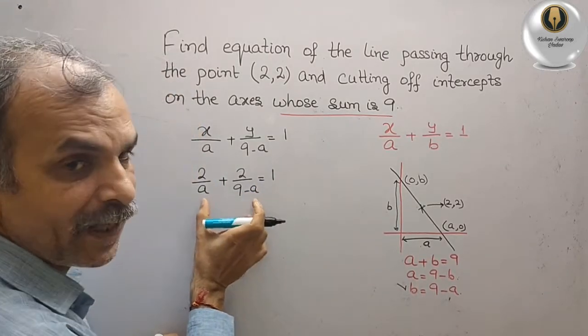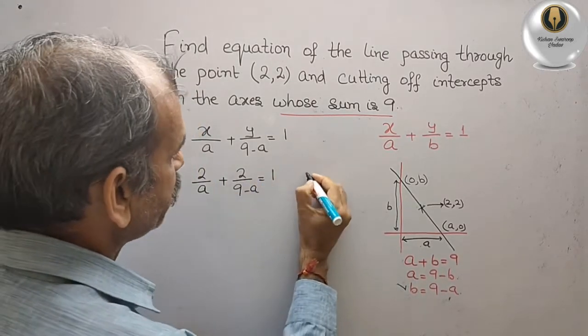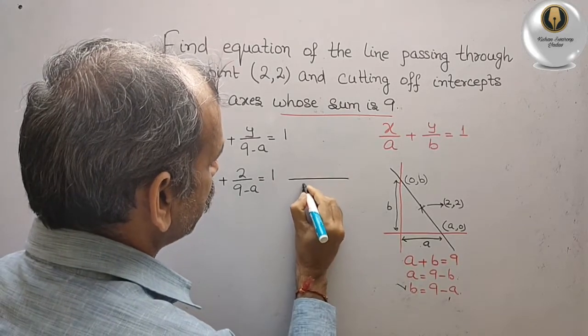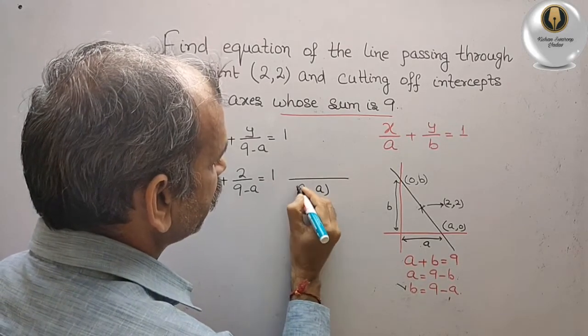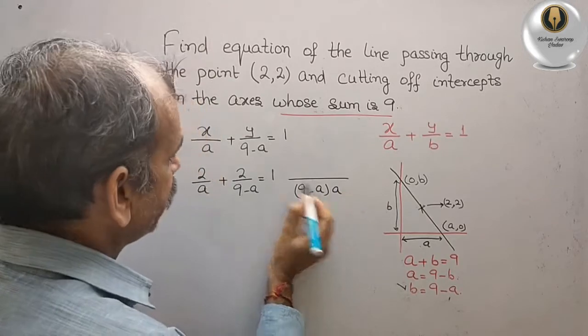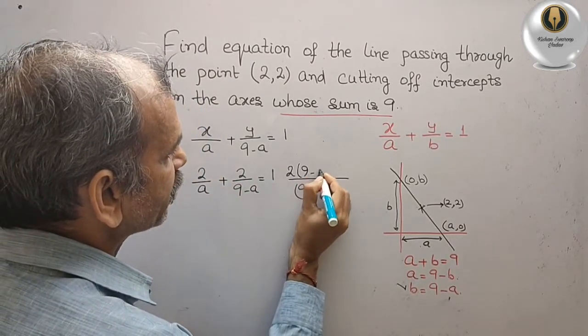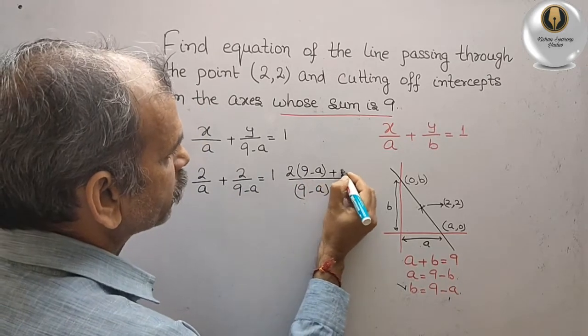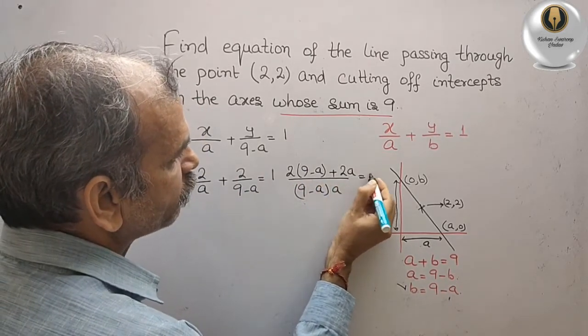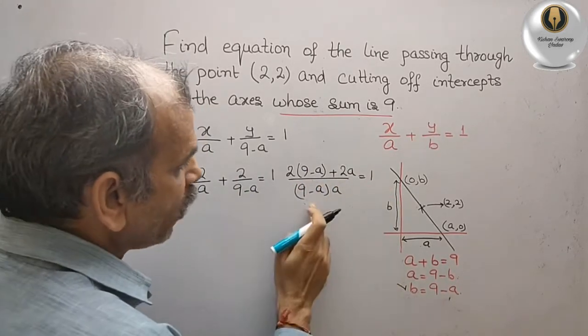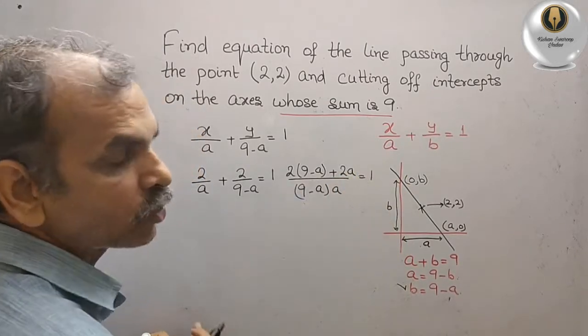What you have to do? Take the LCM. So the LCM is (9 minus A) into A. Here you will get 2(9 minus A) plus 2A, that is equal to 1 times that. Now cross multiply it and solve it.